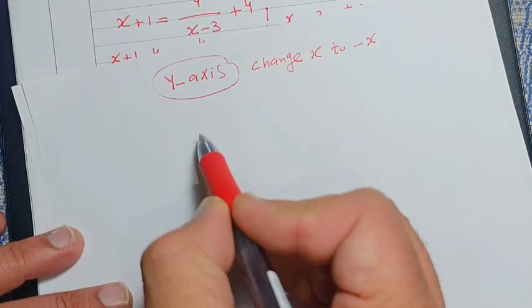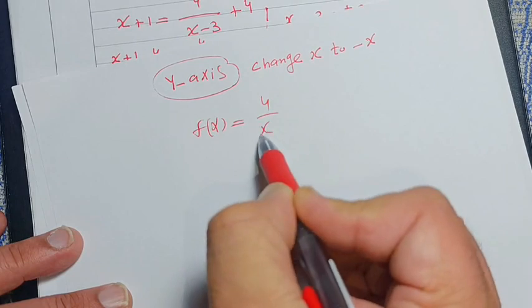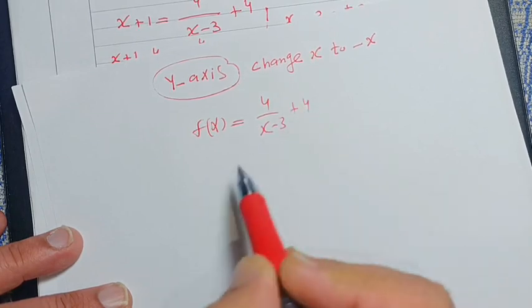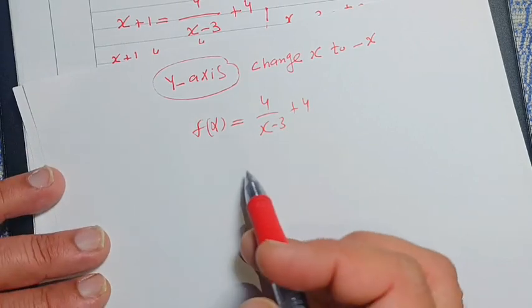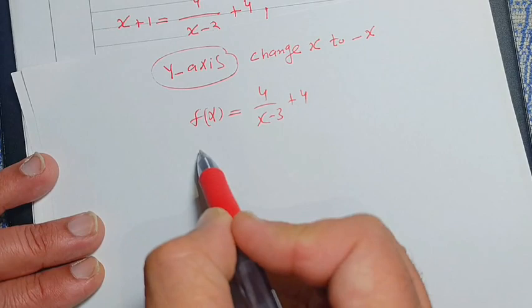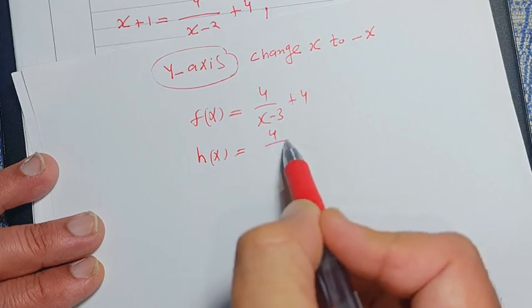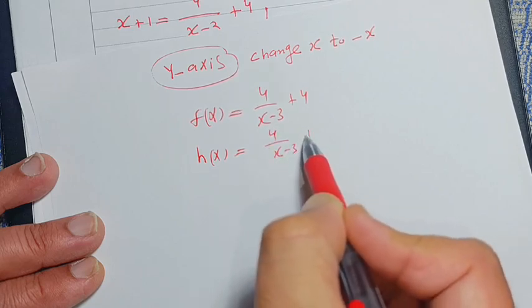Say we have f of x equal to 4 over x minus 3, plus 4. I need to reflect on the y-axis, so I'm going to change positive x to negative x. So h of x is equal to 4 over negative x minus 3, plus 4.